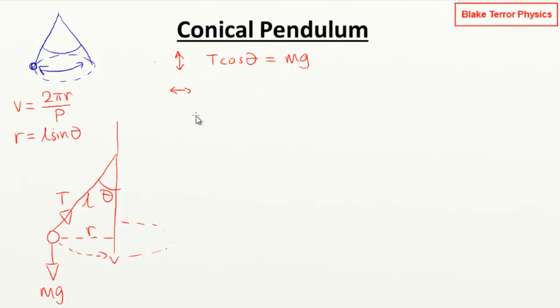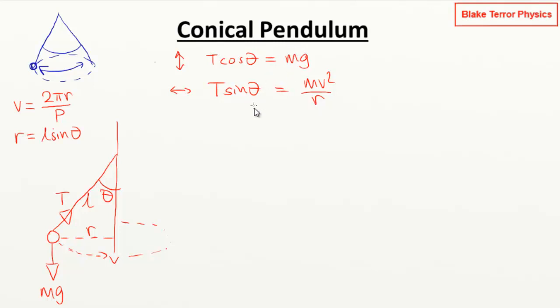The centripetal force in the horizontal direction is T sine theta, and that is equal to mv squared over r. This gives us an opportunity of eliminating T and m because they're in both equations. So we can rewrite the top one as T divided by m is g over cos theta.